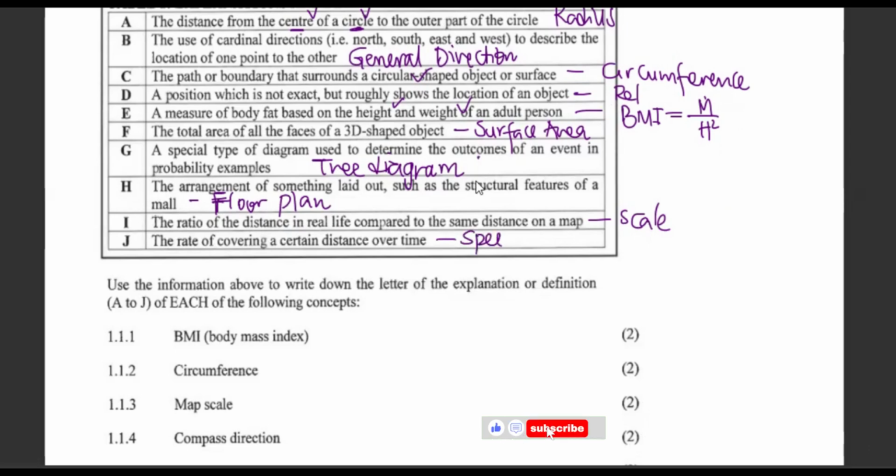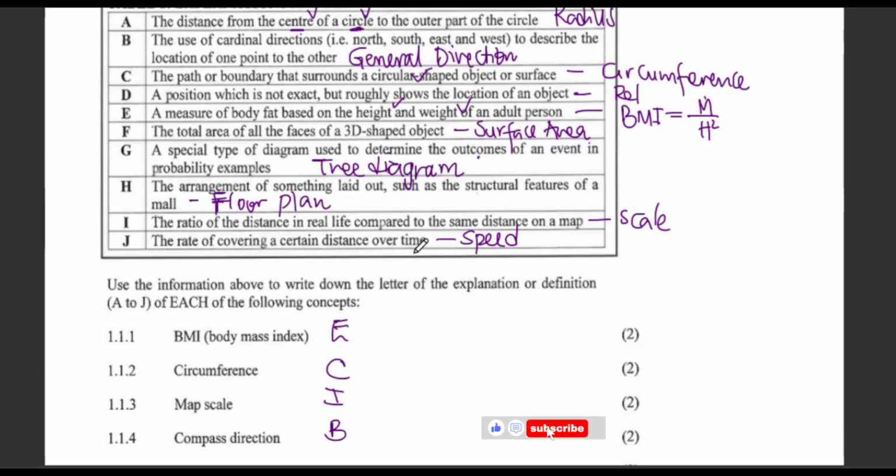This is speed. So 1.1.1, body mass index, we are saying it's E. Circumference, we are saying it's C. Map scale, we are saying it's I. Compass direction, we are saying it's B. This one here was general direction.